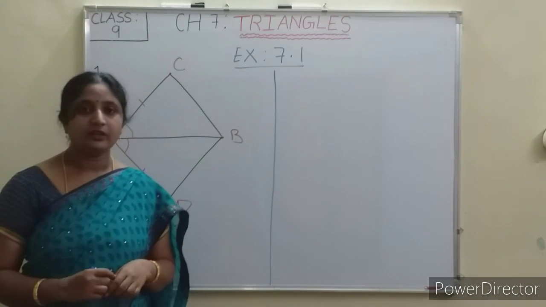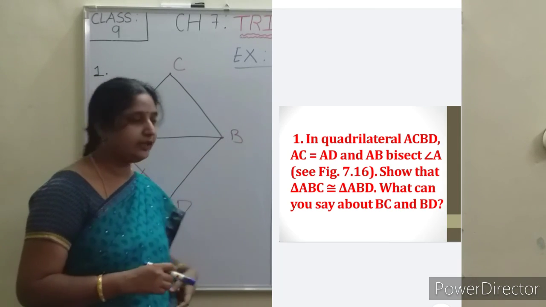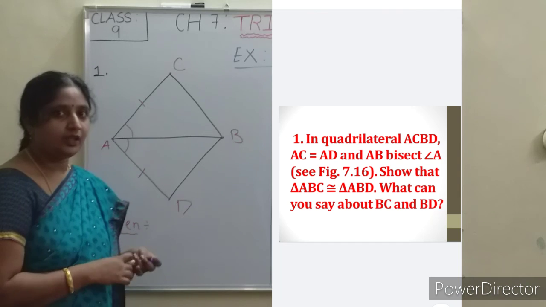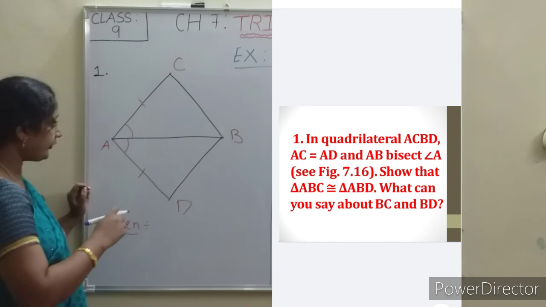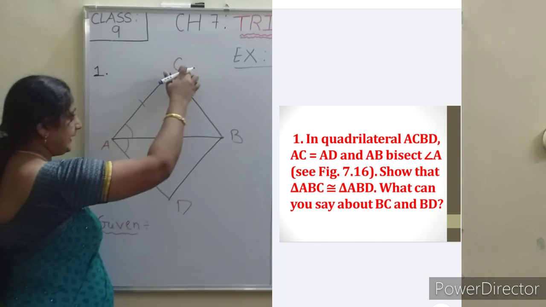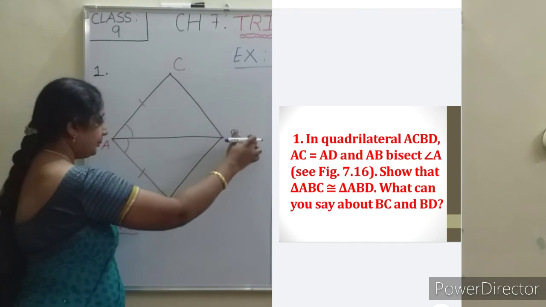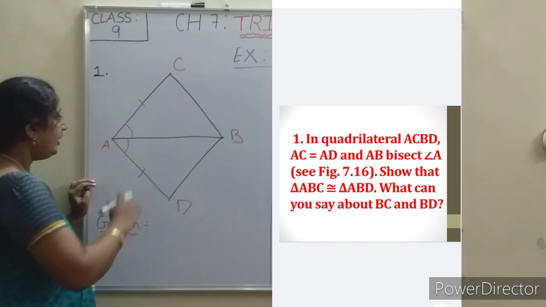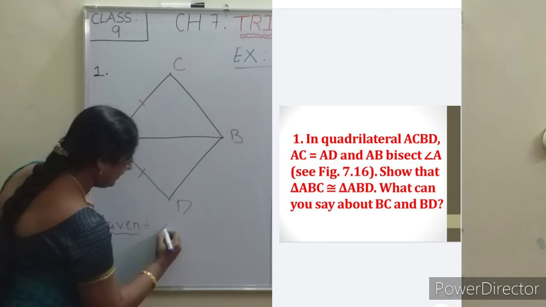Okay, children. Now we will do problems from exercise 7.1. First problem. In quadrilateral ACBD, AC equals AD. What is given?